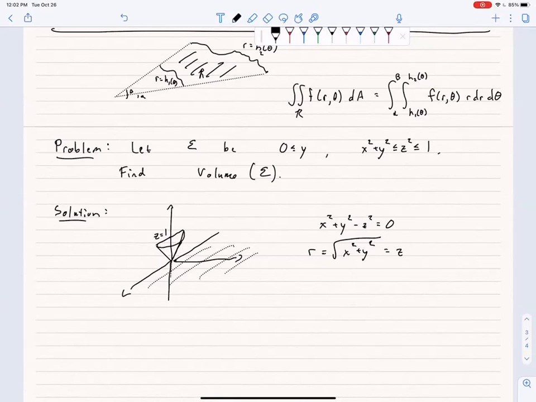Okay, so we want to find the volume of this. Well, we can drop this cone down to the xy plane, and we'll get this half disk.